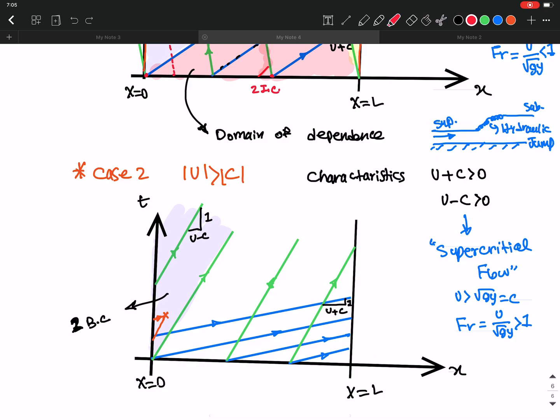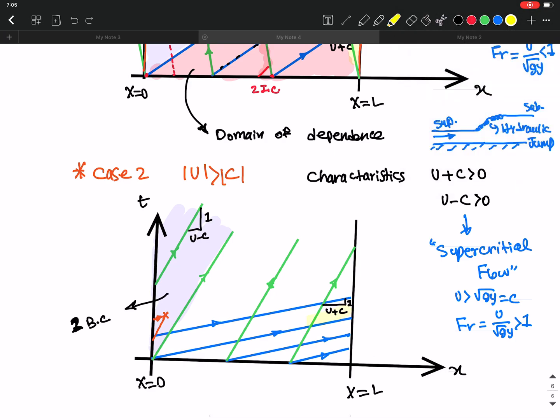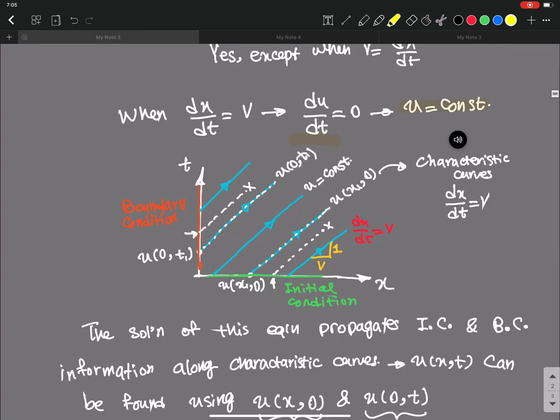Let me do it with another color so as not to confuse it.